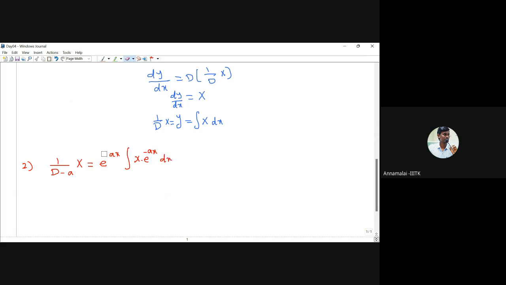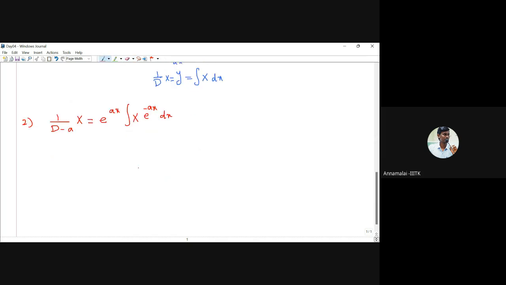Why is this true? We have to prove this. If X is any function, then 1 by D minus a into X equals e power ax into integral X into e power minus ax dx. Suppose we call 1 by D minus a into X as y, and then we have to prove y is nothing but this.